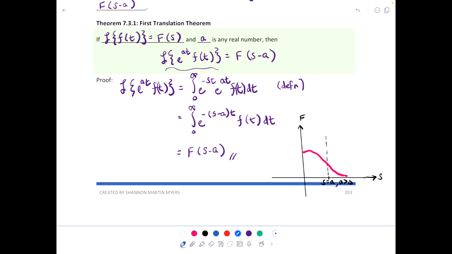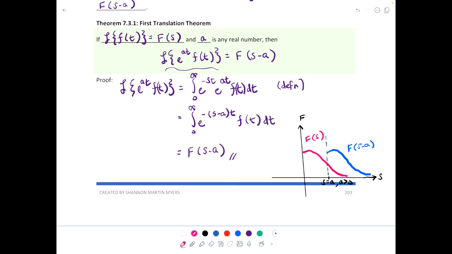Then your transformed function would look the same in every way, but it would start here. So this one would be capital F at s minus a, and the pink was capital F at s.